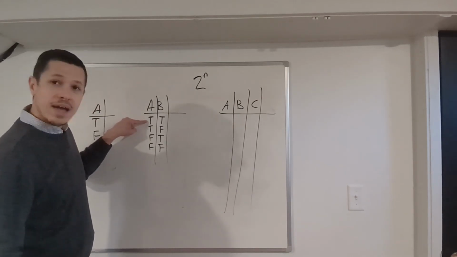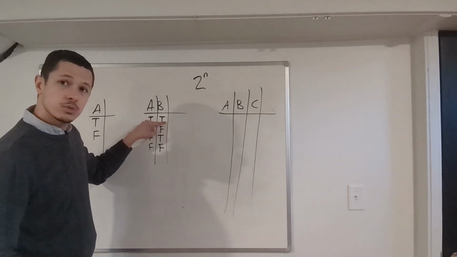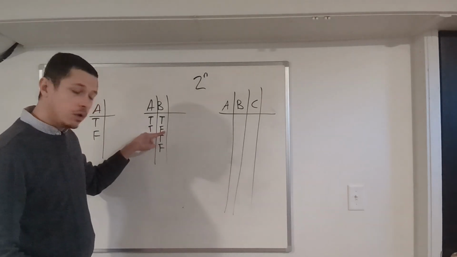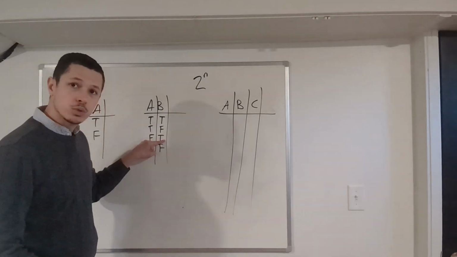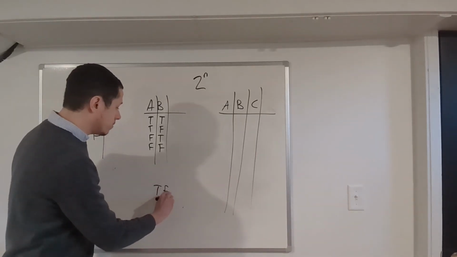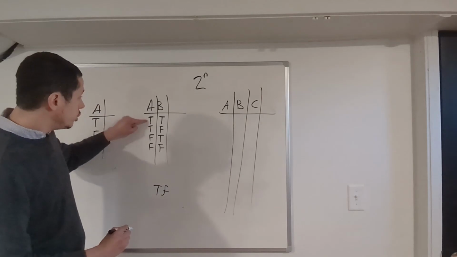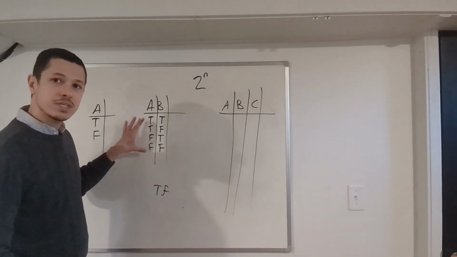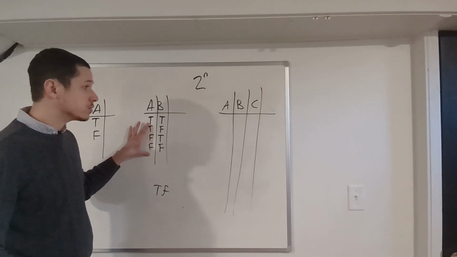Notice, A and B can either both be true, both be false, or you can have A be true and B false, or A false and B true. And that's it. There's really no other combination, right? If you try to write a random assortment of truths and falses, you'll find the row, right, that corresponds to that. So this covers every single combination of truth values.